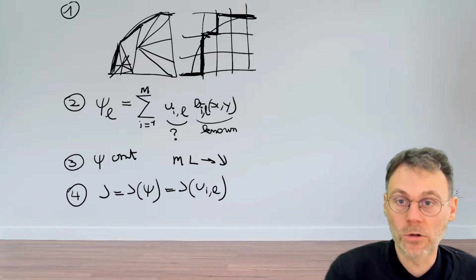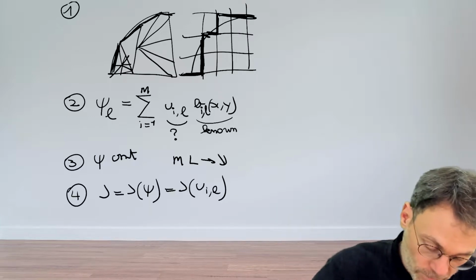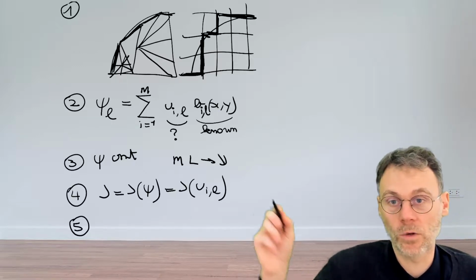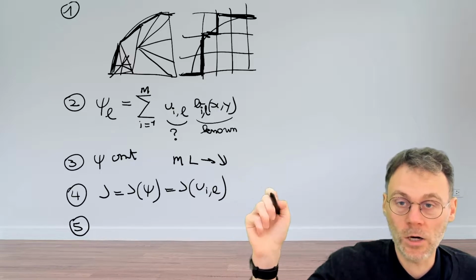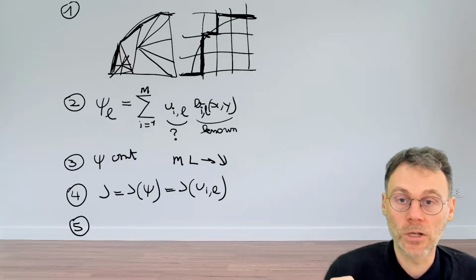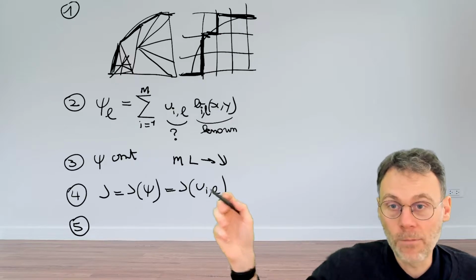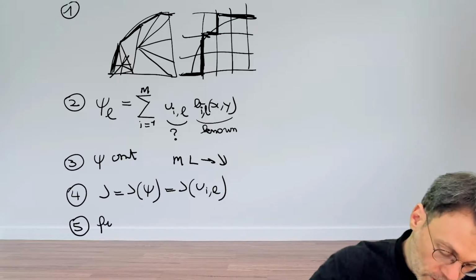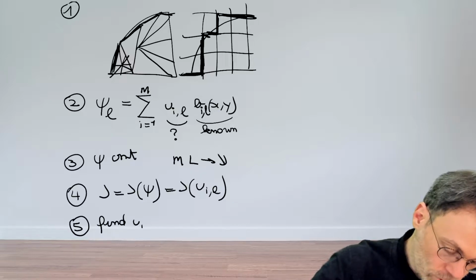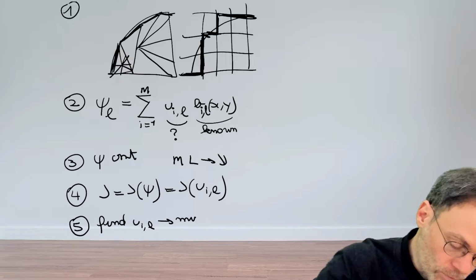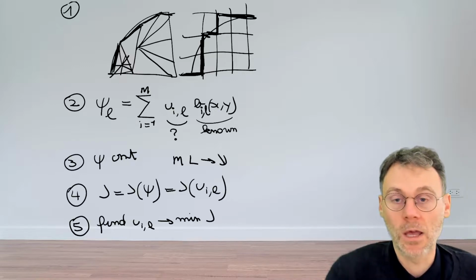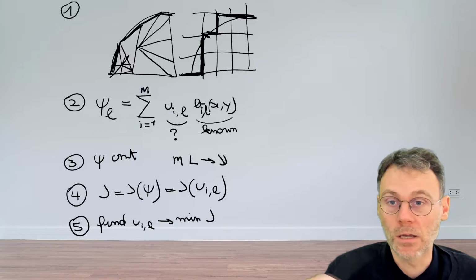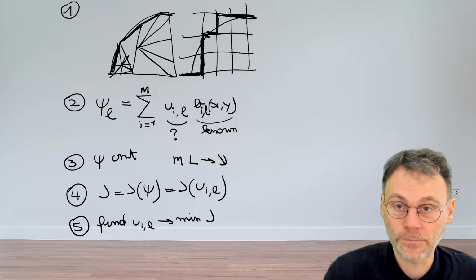And this is what we're going to be working with in step 5, which is the final step. We're going to figure out what our unknown coefficients u are, not by solving the differential equation directly, but rather by minimizing this quantity J. So the idea is to find our unknown coefficients u_i^L such that we end up with a minimum of J, a minimum of the energy, which is a physical thing to do if J corresponds to your total energy.